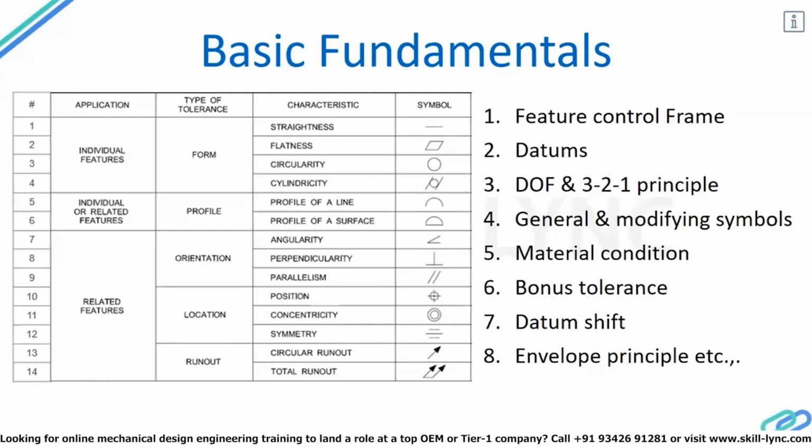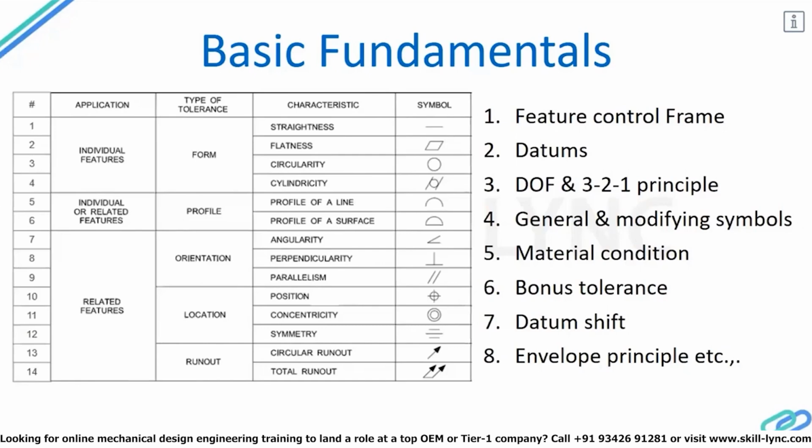The intent of GD&T and having a standard across the world is to make the communication process a standard one. For example, in today's world, the engineering departments are divided in different countries. For example, the OEM I work, the designer sits in a different part of the world, the quality inspector sits in a different part of the world, and the manufacturer of the design intent part sits in a different part of the world.